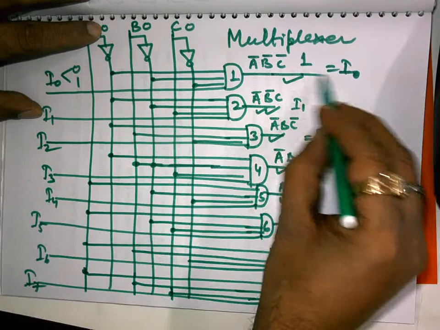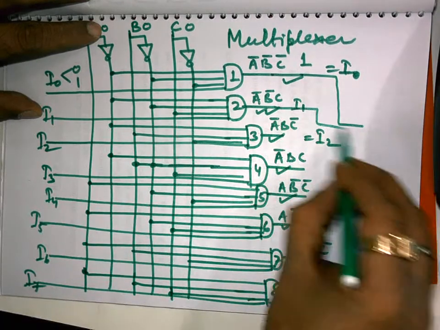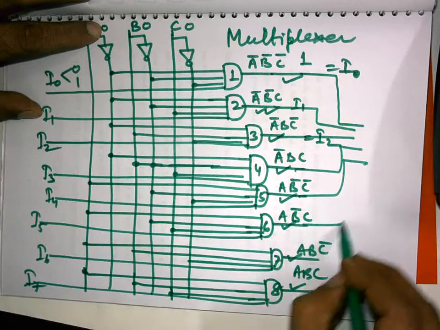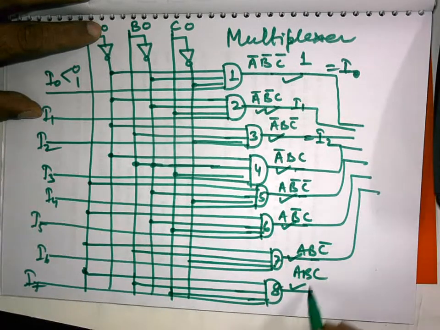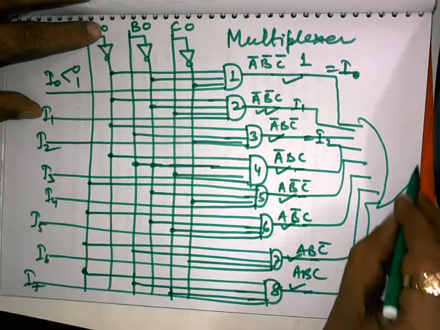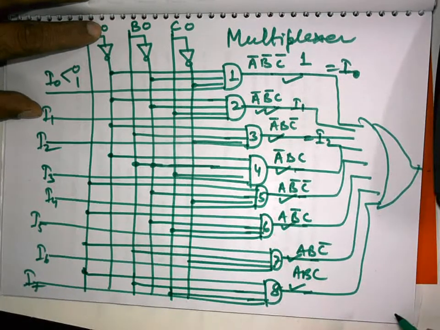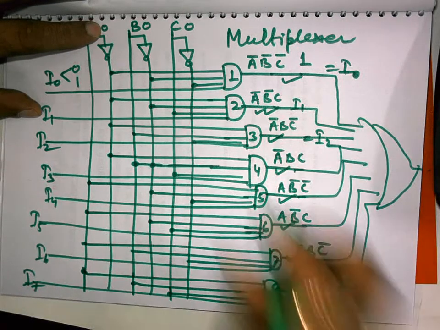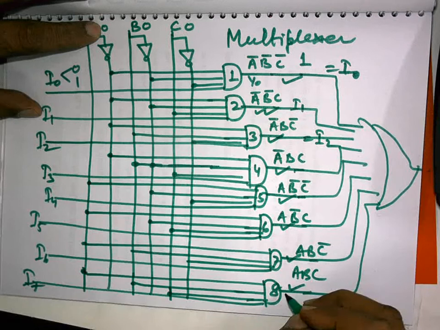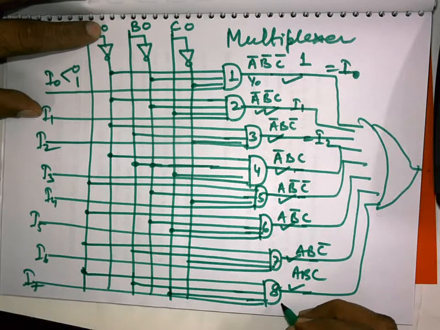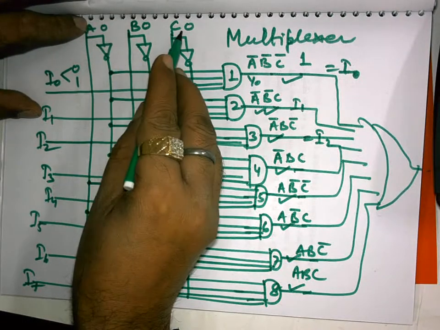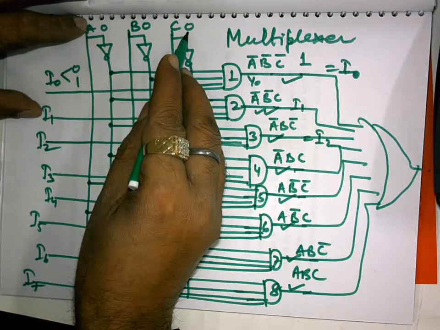If you have to route all these outputs through a single channel, you have to connect all of them to an OR gate. You will connect all the outputs, Y0, Y1, Y2, Y3, to the inputs of the OR gate. Now you see what will happen. Suppose you have selected this 0 line by putting 0, 0, 0 at ABC.